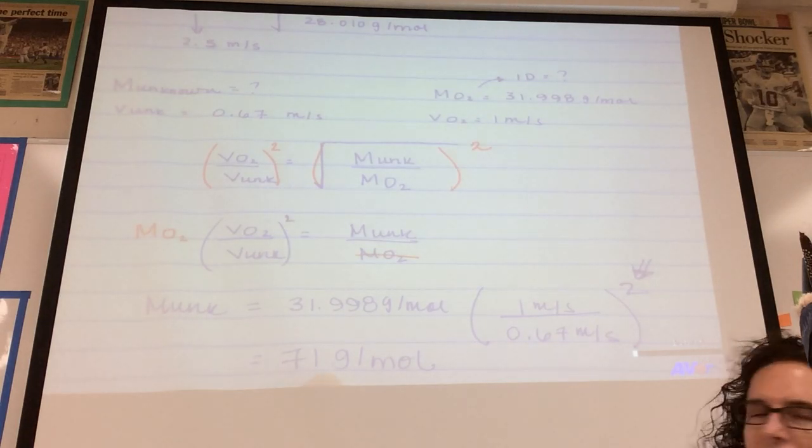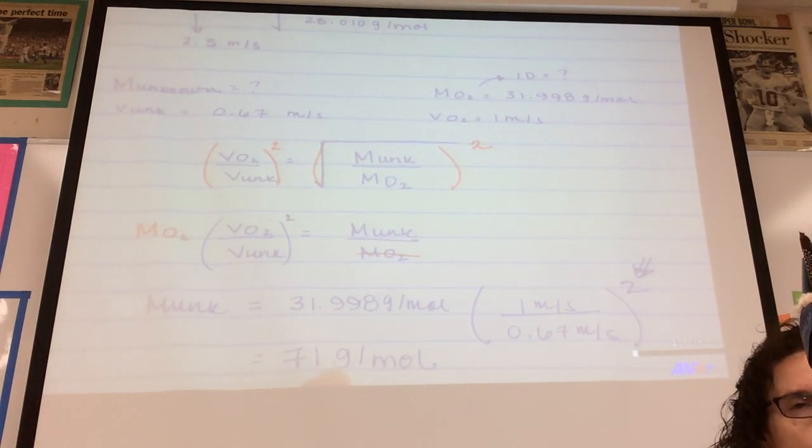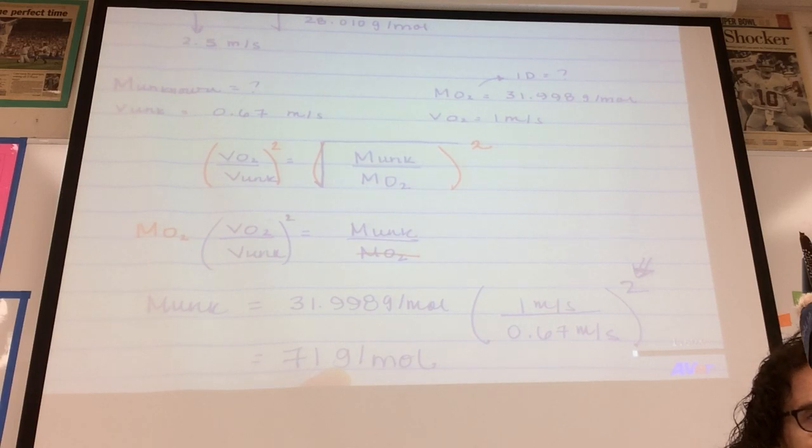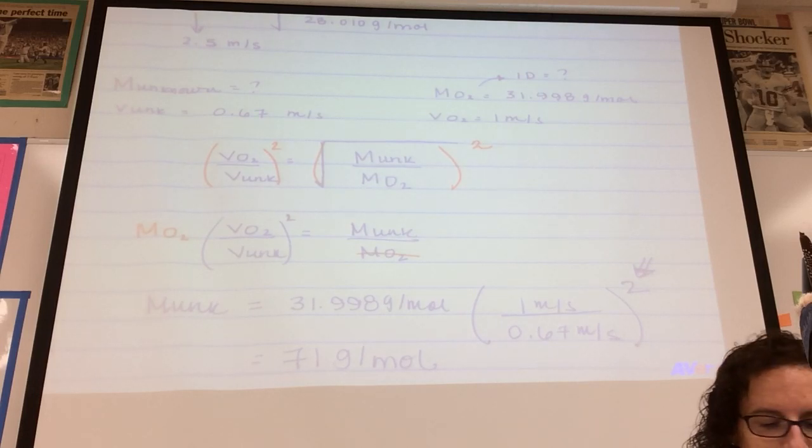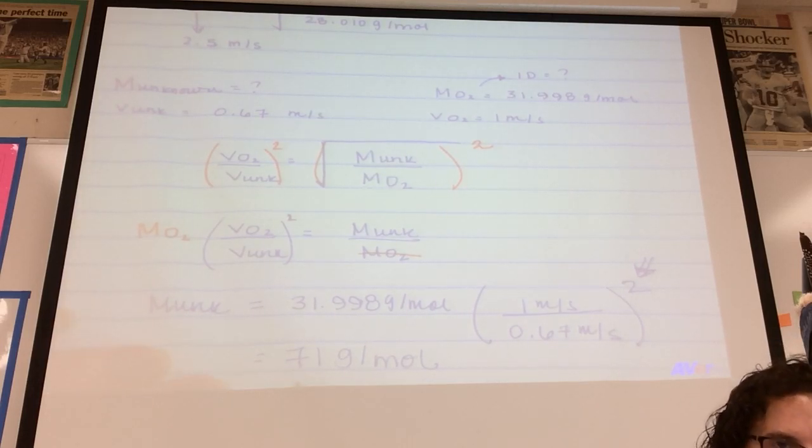We have a molar mass of 71 grams per mole. There are 5 diatomic gases. What gas is this? The one that's 30 something. Half of 71 is 35 and a half. And it's chlorine gas, right?